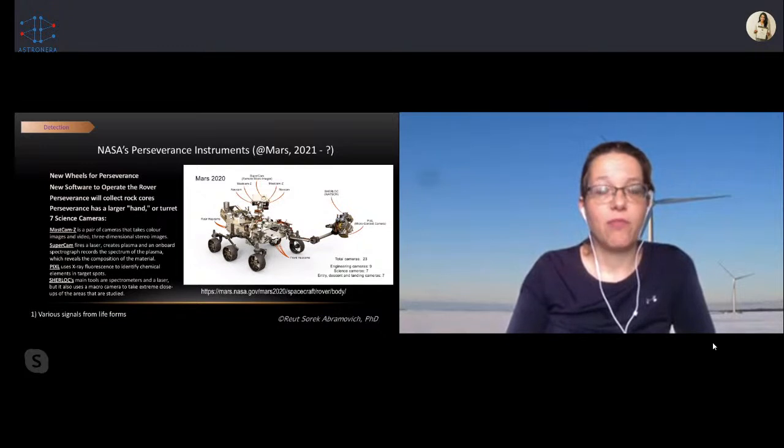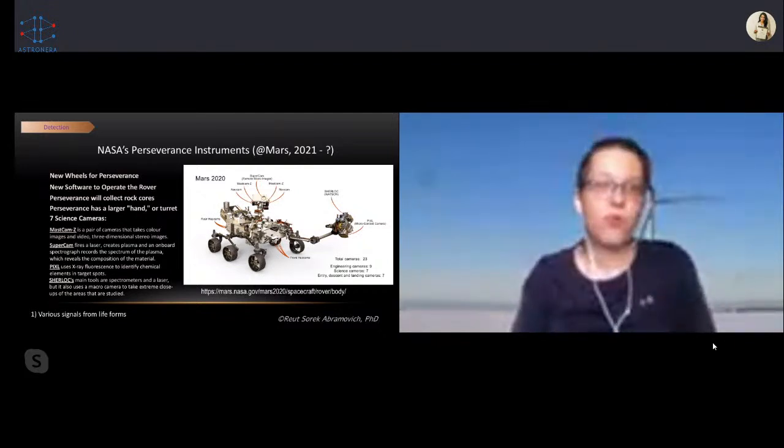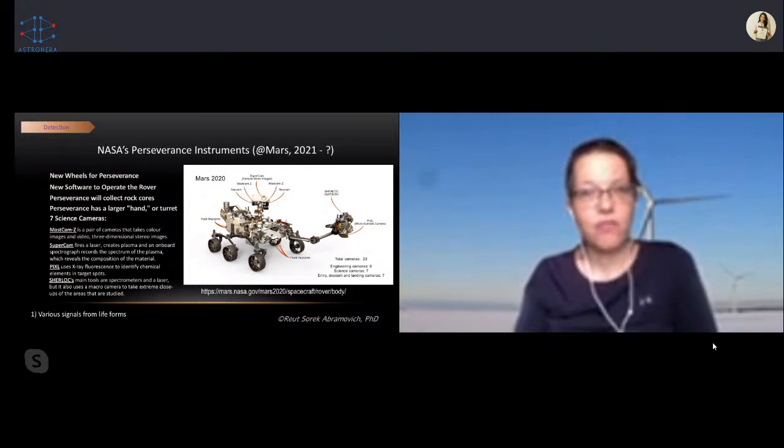It has a SuperCam. Now, the SuperCam fires lasers and creates a plasma, and an onboard spectrograph records the spectrum of the plasma, which reveals the composition of the material. So this is exactly LIBS, and LIBS has been done in other rovers as well, and it's a very successful and reliable method of checking the mineral composition. If we find organic molecules, it really depends which type of organic molecules, by the way.